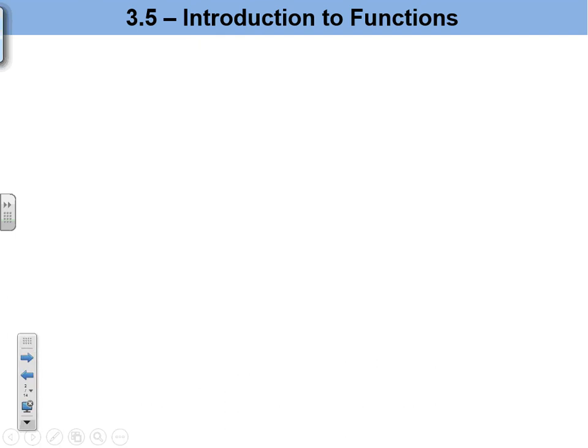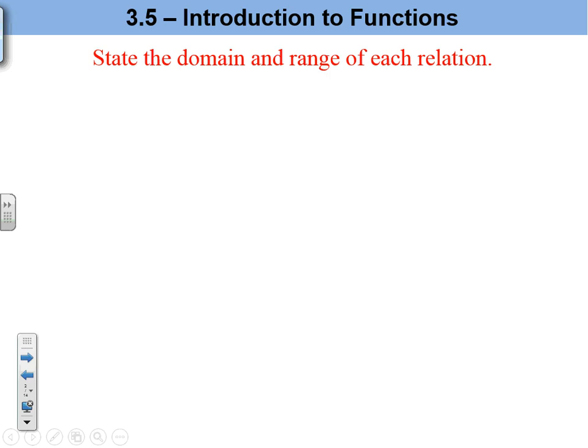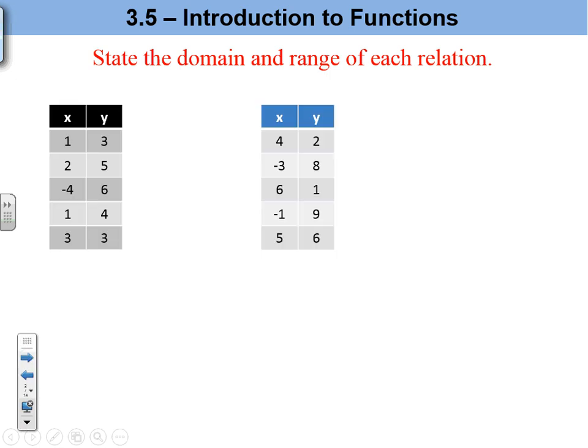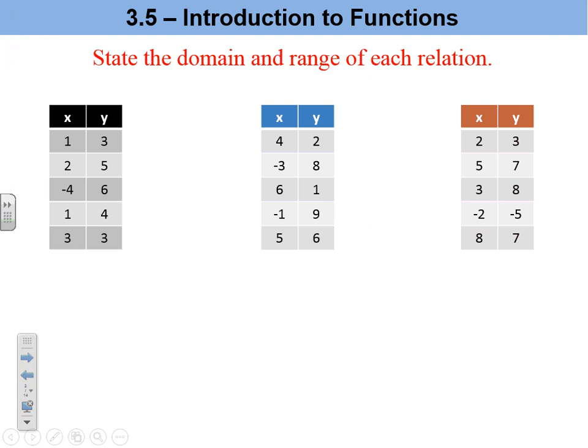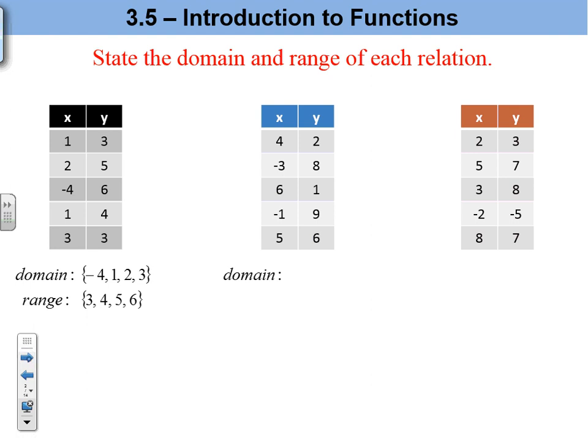Here, what we're going to be looking at is just how do we identify the domain and range of a function. So here we have 3 tables, and because the x numbers are the domain, then all we have to do is just list the x numbers that we see in the table, and that will tell us what the domain is.